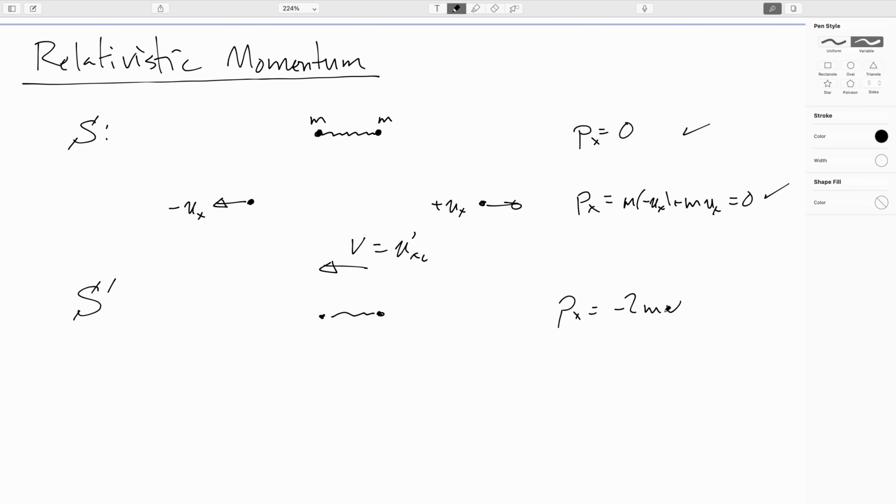Well, that's cool. Now, I chose this to be this because afterwards this happens to be the frame where this one is going at 0. And so if we figure out what this one is going at, well, that's no problem. We can just velocity transform this.